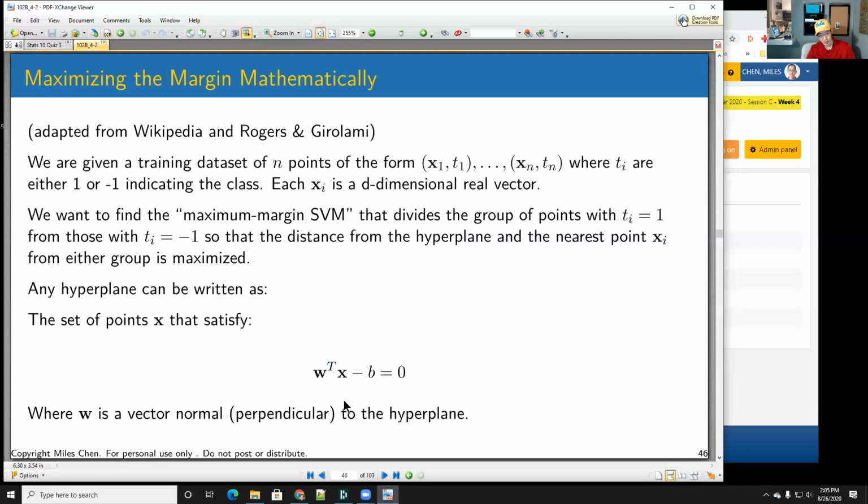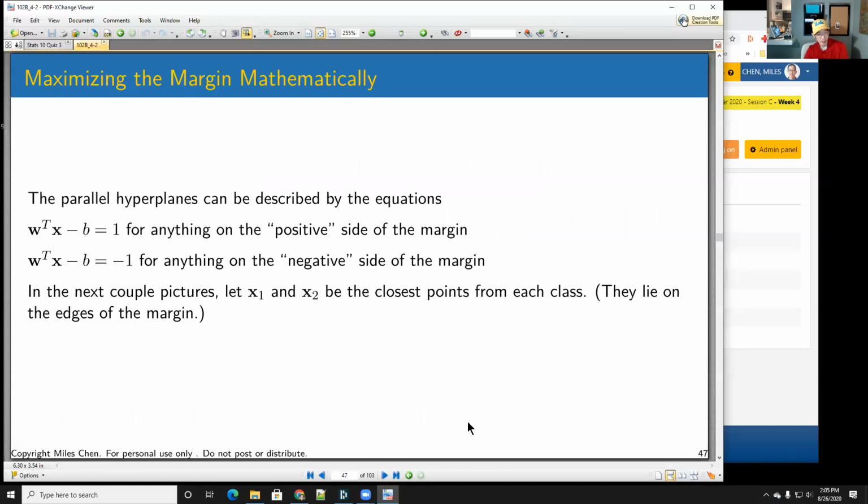All we're doing is w times x, plus or minus some constant here. Here we're choosing a negative constant, but that's unimportant. When you draw this, the parallel hyperplanes that separate the positive points from the negative points can be written as follows.